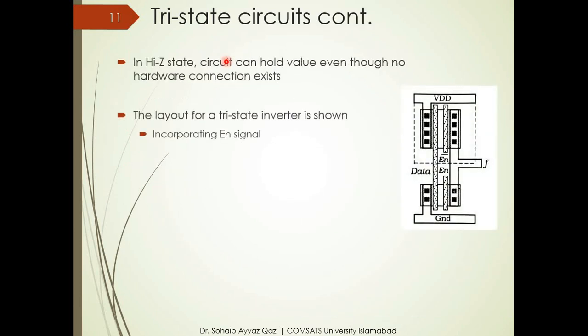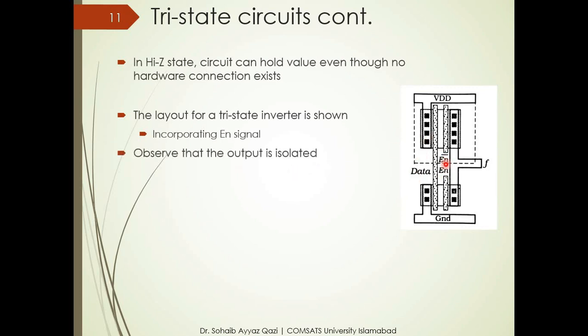If we want to have a look at the layout of the tri-state circuits, this is very simple. This was our inverter circuit here, where we have an input at the gate terminal and the outputs could have been collected at this point here, but we have added 2 more gates here, and the inputs of those gates are enable signals.